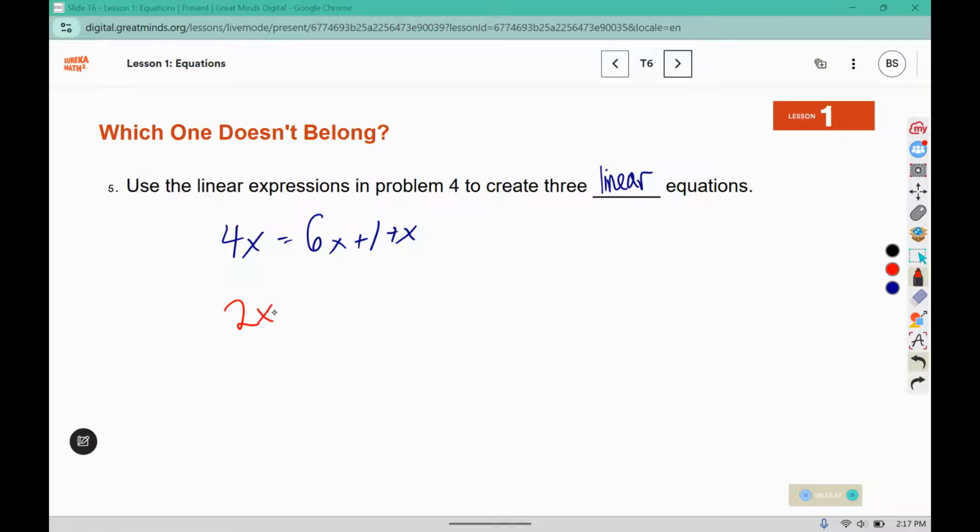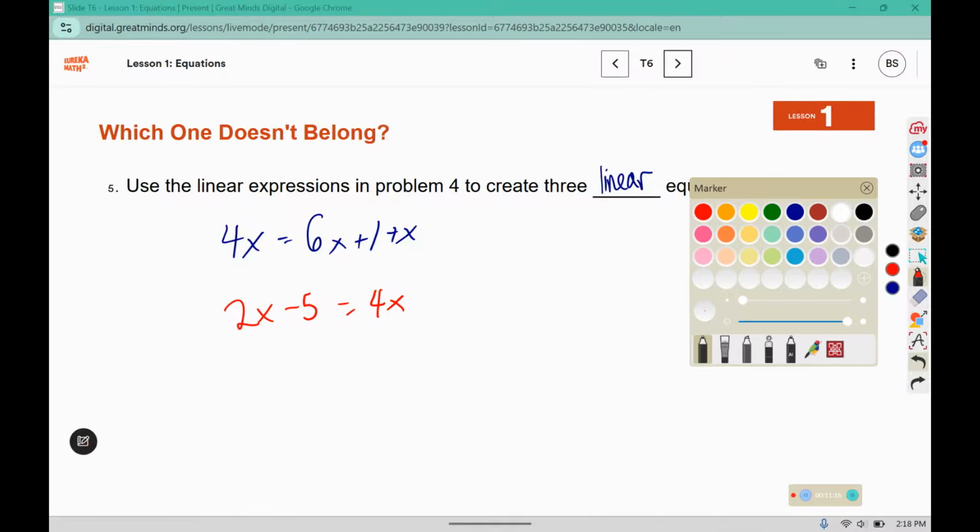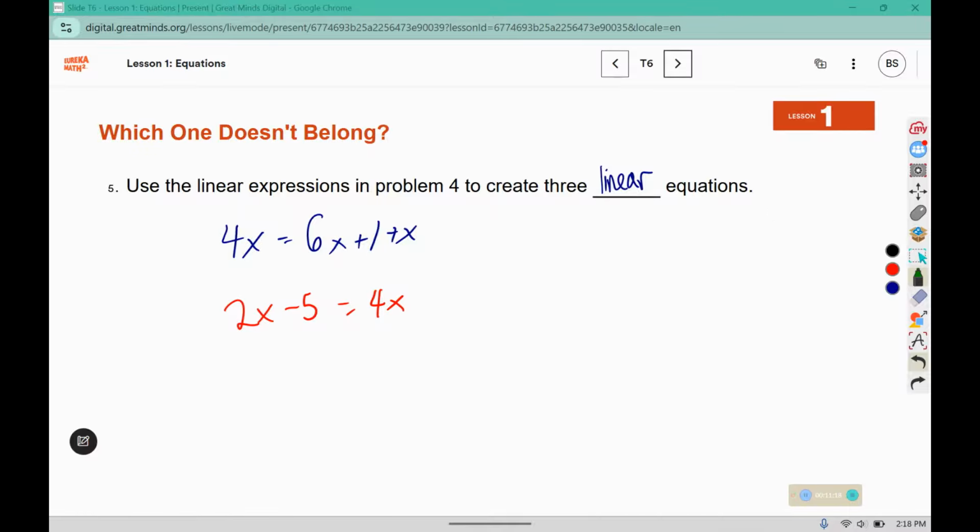We could also use the 2x minus 5 and the 4x. Or we could set 2x minus 5 equal to 6x plus 1 plus x. Basically, we're just combining two chunks to create equations. But we don't want to include x squared plus 3 because that one is not a linear piece.